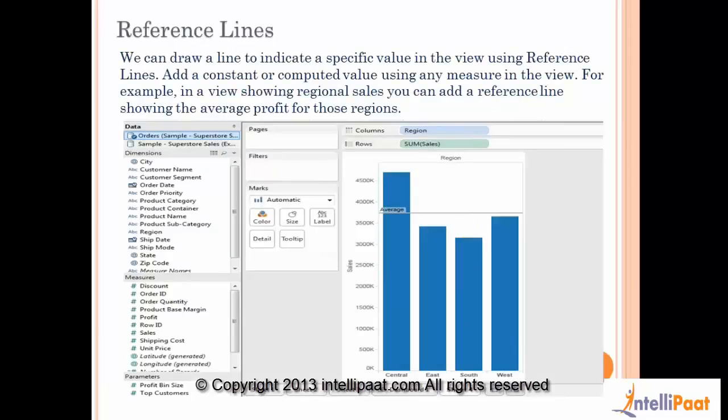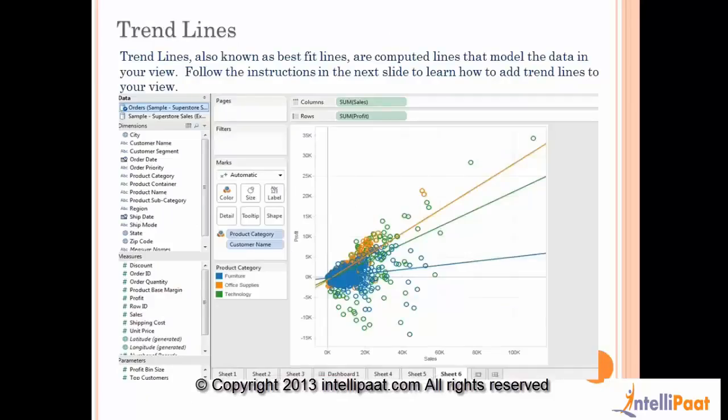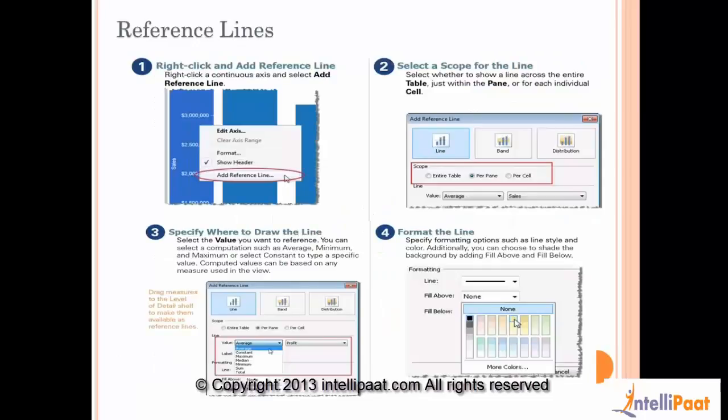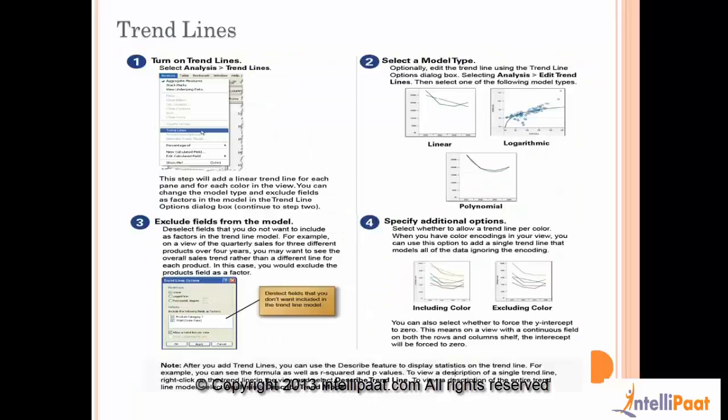And then we also discussed reference lines, how to add a reference line, and what the different types of reference lines are that we could add. And then we spoke about trend lines. Based on whatever scatter plot you have plotted, a trend line gives you information about the trend, and Tableau builds a linear model of its own, and then you can go and see how the model is built.